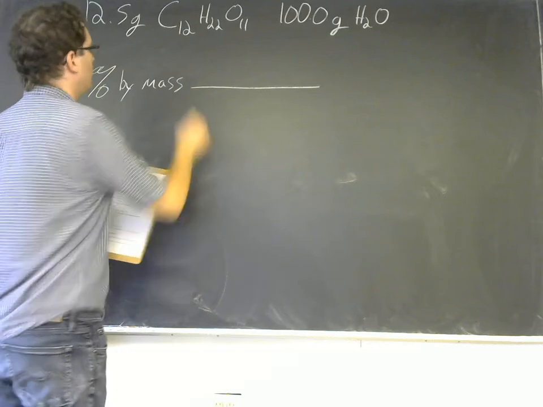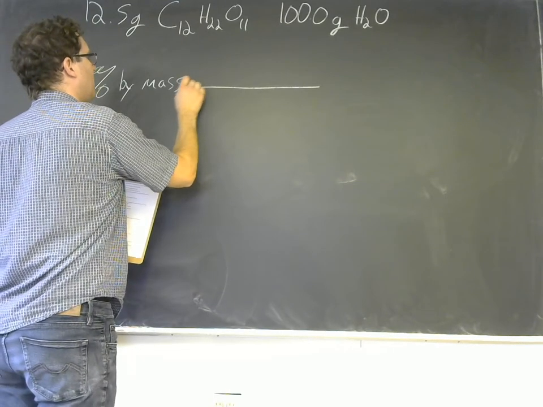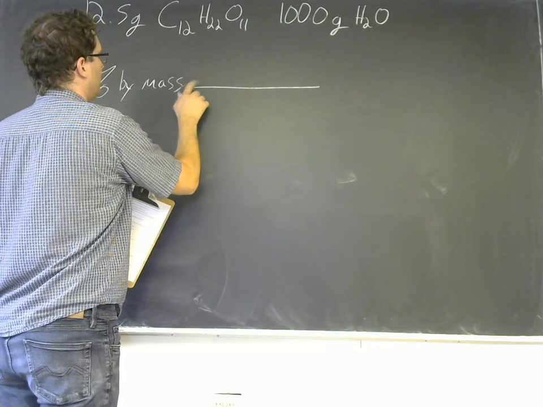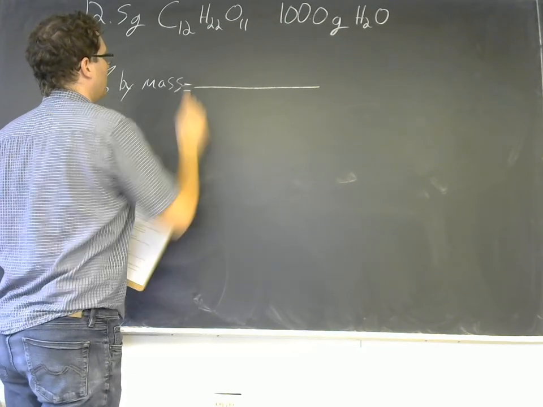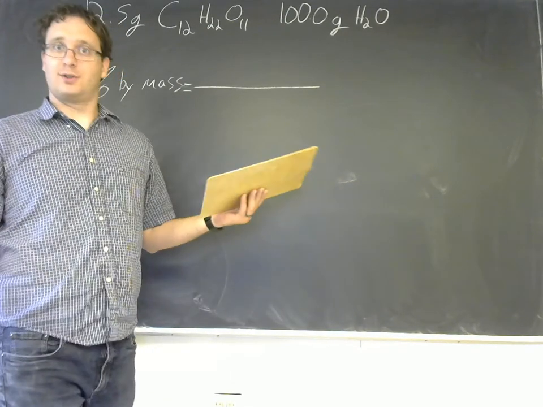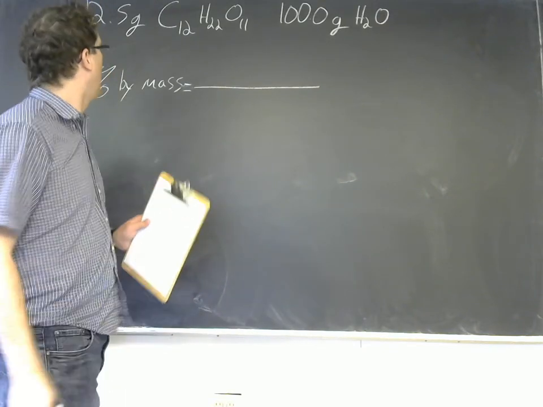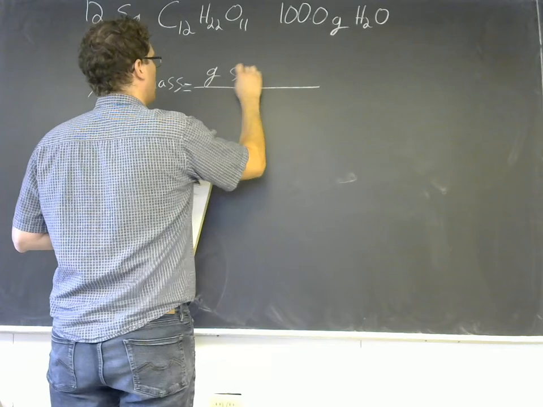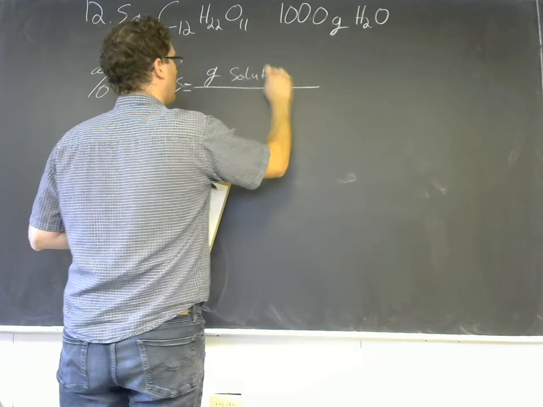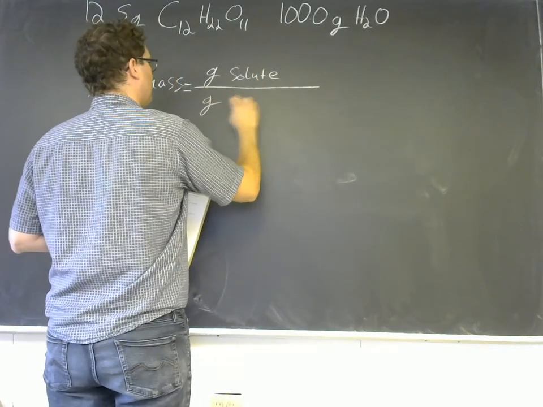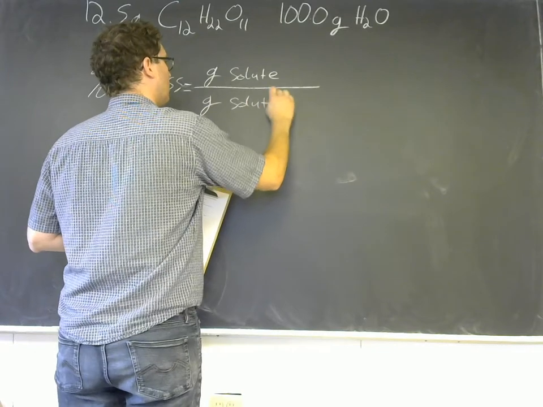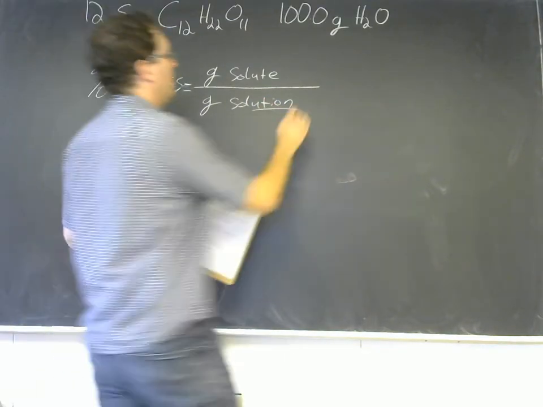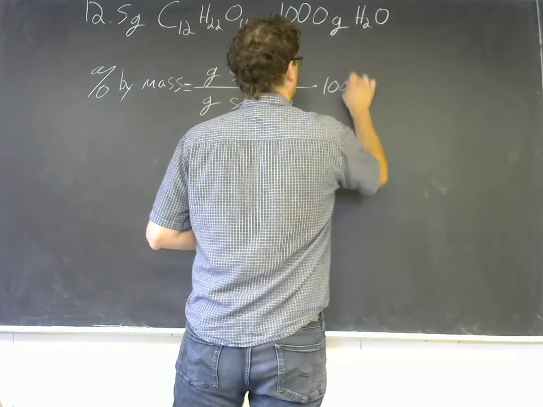And so the percent by mass is the most useful unit for a quick and easy way to describe how to make a solution. It's going to be grams of solute over grams of solution. So that is the solute plus the solvent times 100%.